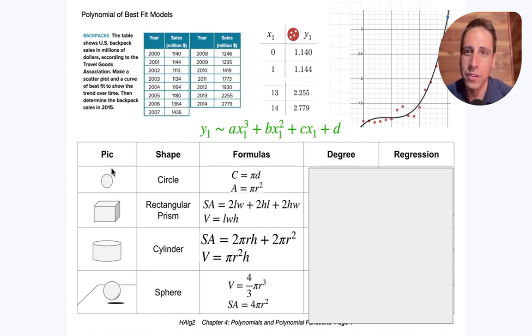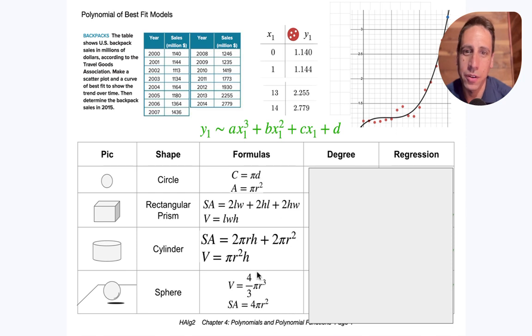So what I've got here is a picture of a solid or some sort of thing from geometry, and you can see what shape it is, and then we've got formulas from geometry. So for example, if instead of backpacks you had a whole bunch of circles, and you had a whole bunch of data relating the circumference to the diameter, and you wanted to relate them all together, you would have to think about the circle and say, this formula right here, circumference is equal to pi d.